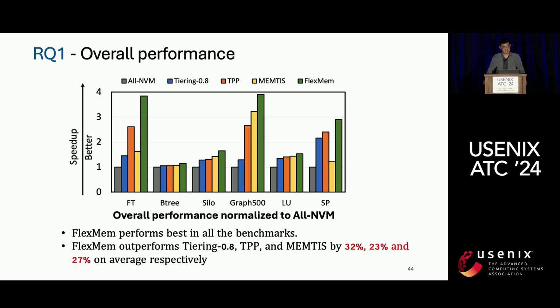In the FT and SP cases, they get the most performance benefits compared with other benchmarks. FlexMem outperforms tiering 0.8, TPP, and MEMTIS by 32%, 23%, and 27% on average, respectively.